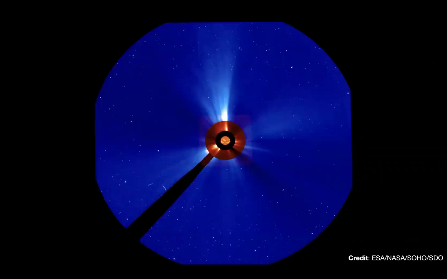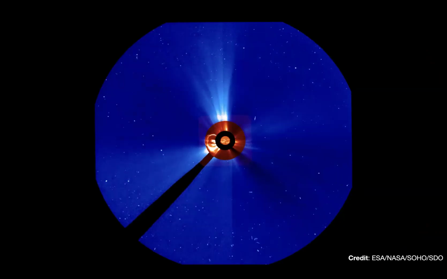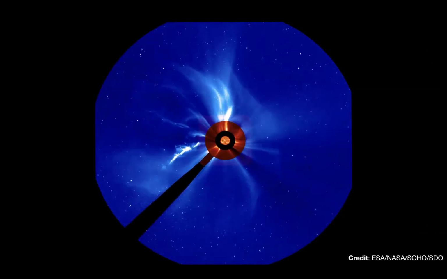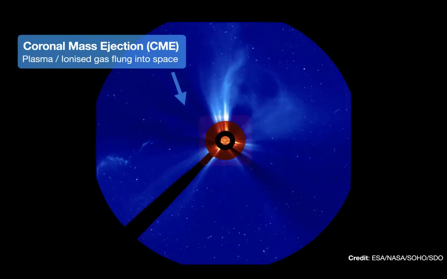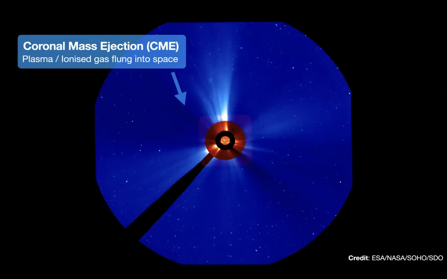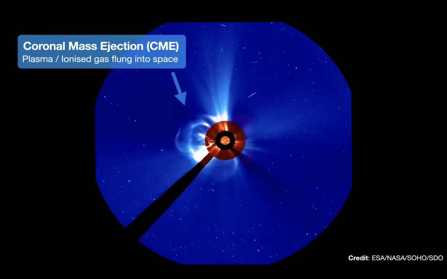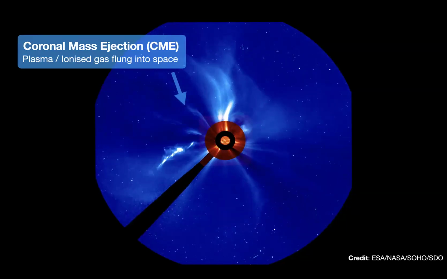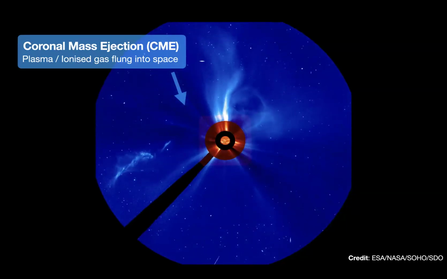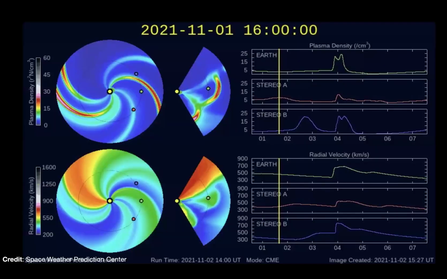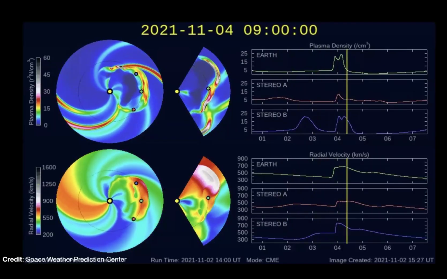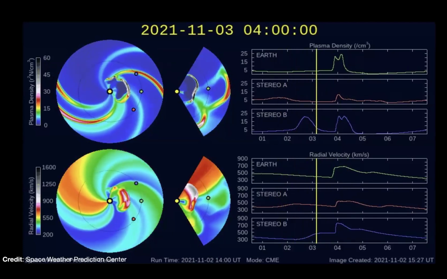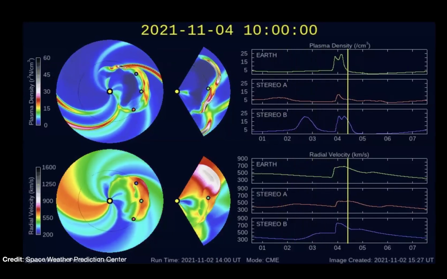And one such activity phenomenon is that of coronal mass ejections, which you can see an example of here, where we can see enormous amounts of plasma or ionized gas being flung into interplanetary space, very, very far from the sun itself. And these waves of plasma or ionized gas can travel far into the solar system and can hit the planets.